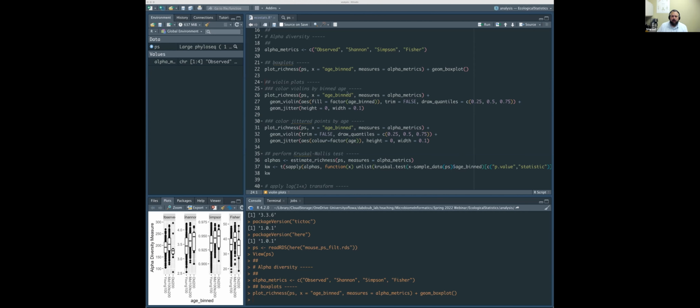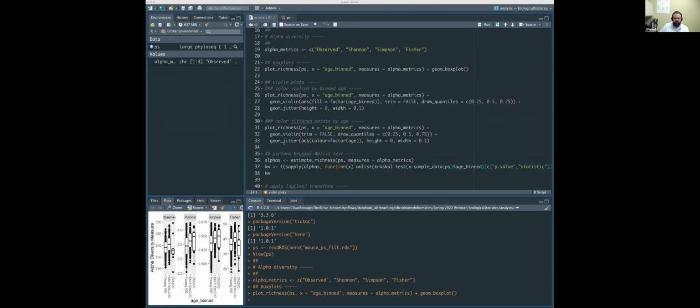So you can see here, it just produced box plots. Box plots are nice because they split everything up into quartiles, and the line here indicates the average.